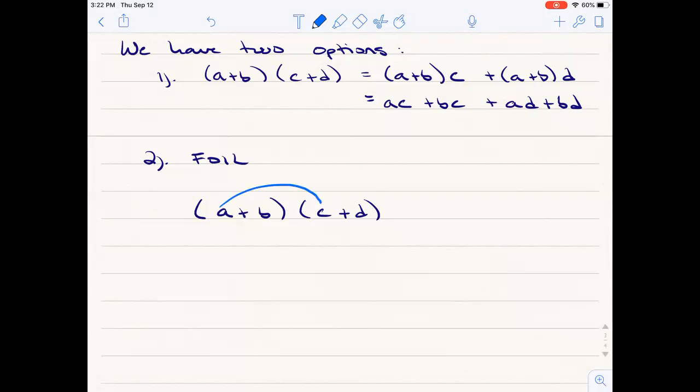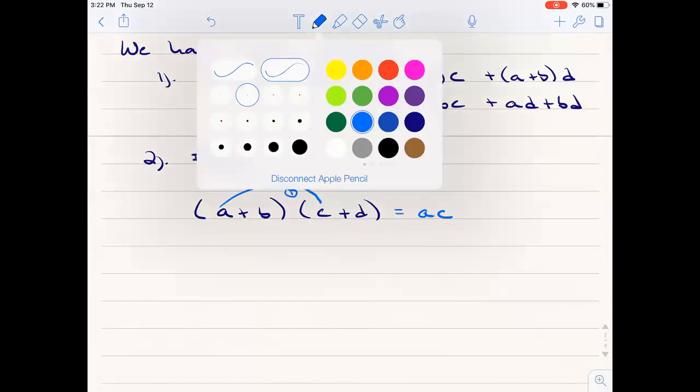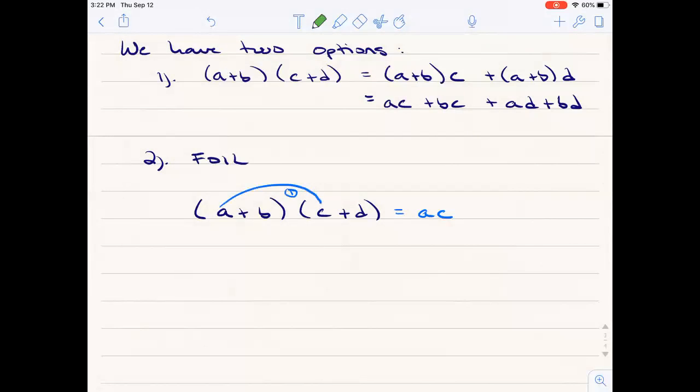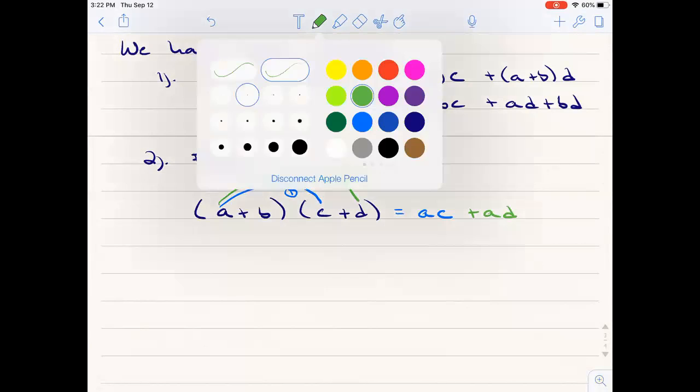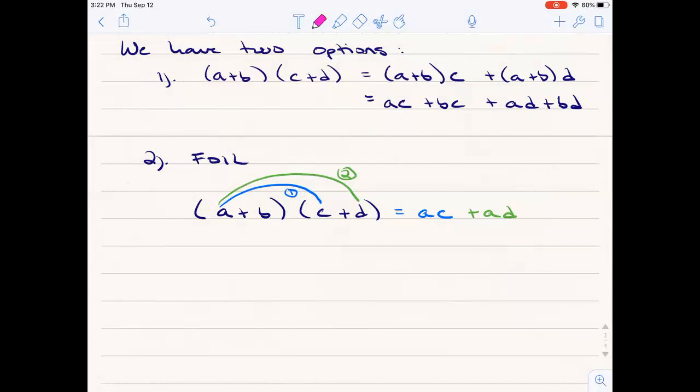You're gonna do AC, that's your first thing that you're gonna do. The second thing you're going to do is A times D. Third thing you're going to do is B times C.